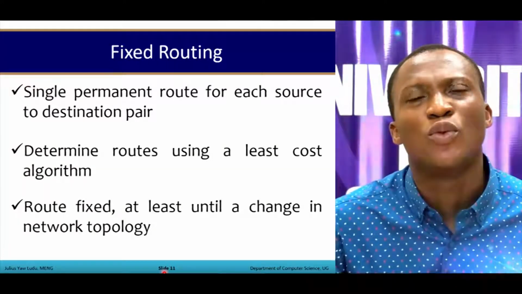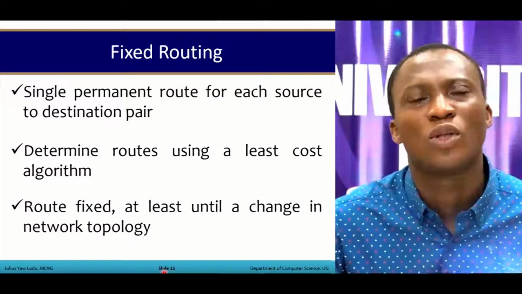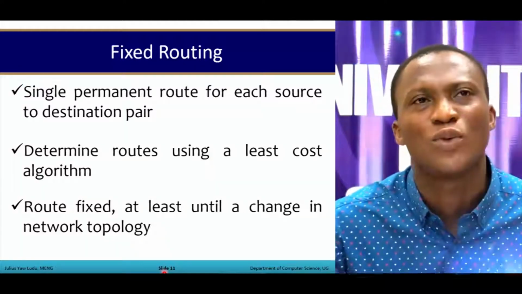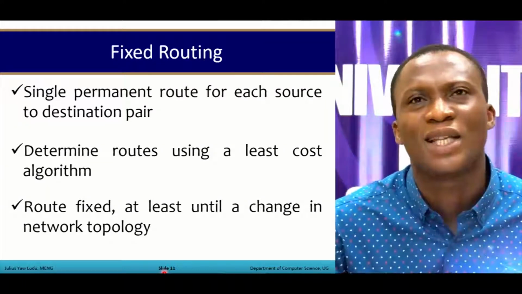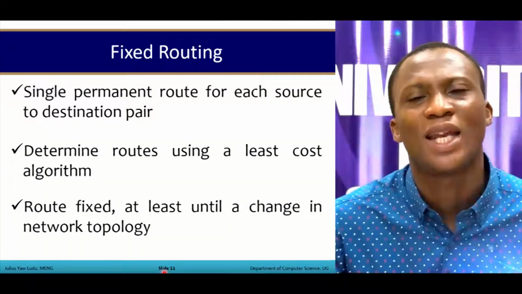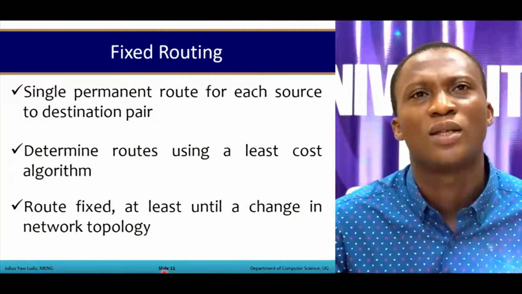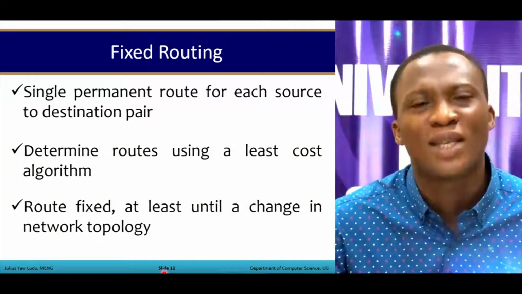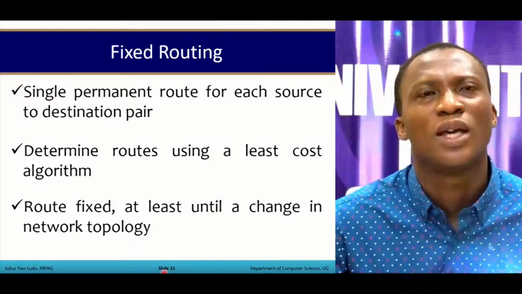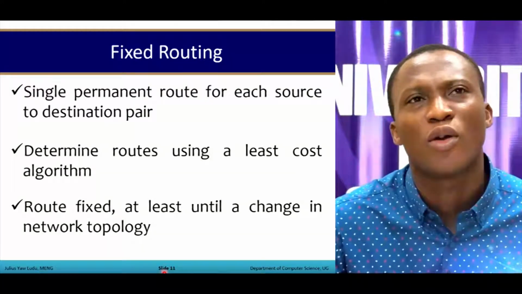And this determines the route using the least cost algorithm. We'll be looking at how to use that. It has a route fixed at least until a change in the network topology is employed. So with fixed routing, we have a single permanent route. It makes use of the least cost algorithm.